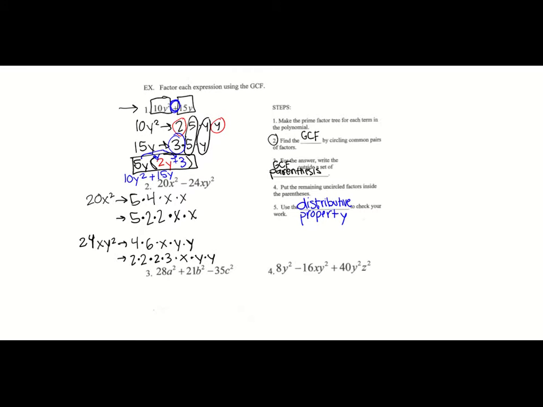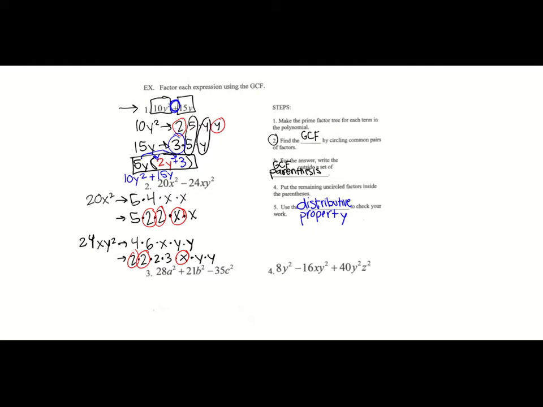Okay, then my next step is to find the greatest common factor by circling common pairs. So I have a 2 and a 2, and then another 2, and I have an x and an x, and those are all my common factors.